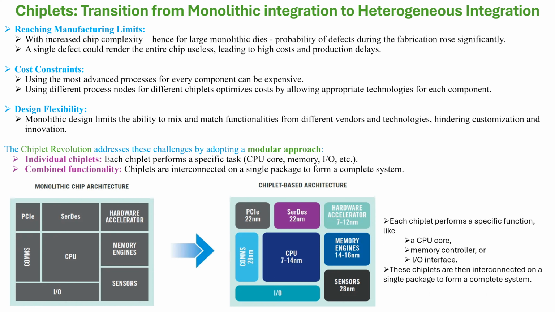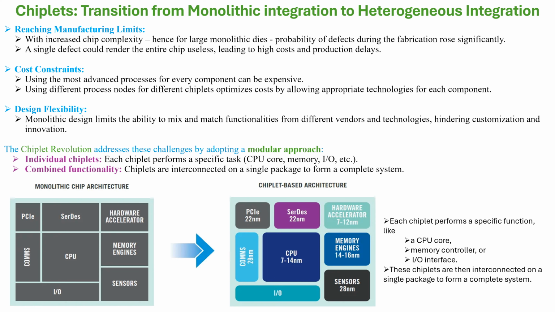Each chiplet performs a specific function, for example a CPU core, a memory controller, an IO interface, say SerDes, and a couple of other things, sensors. They are all individual chiplets. They could be manufactured in different technology nodes, or in different foundries.